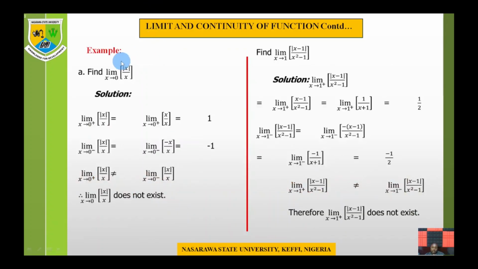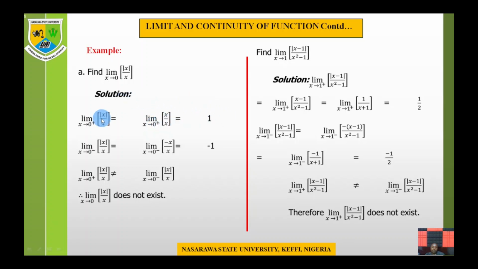Example: find the limit of absolute value of x divided by x as x approaches 0. The solution: the limit of the absolute value of x divided by x as x approaches 0 from the right is equal to the limit of x all over x as x approaches 0 from the right, which is equal to 1.